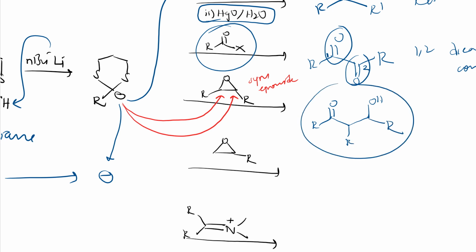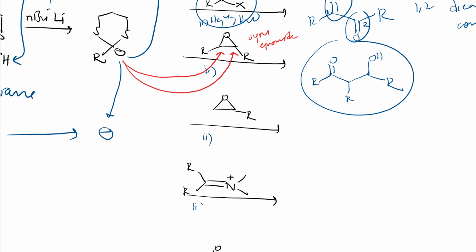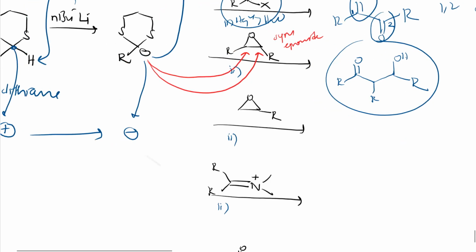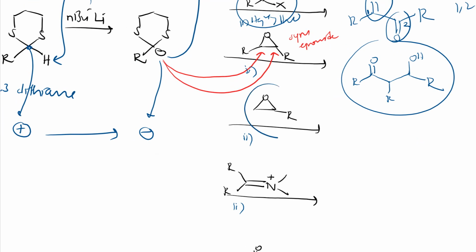Everywhere the second step will be, I have not written it, Hg2+ in the presence of water, right? Everywhere the second step is the same thing. I didn't mention it, but I have told you. So here this epoxide is there, and it is unsymmetrical. Here it is sterically hindered, and this carbon is less hindered.